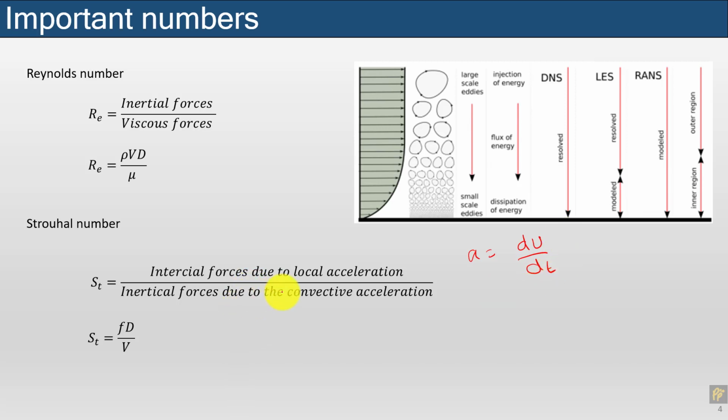Second is the inertial forces due to the convective acceleration. Convective acceleration is the du by dx or dy. It means that the flow is accelerated because of the change of position.